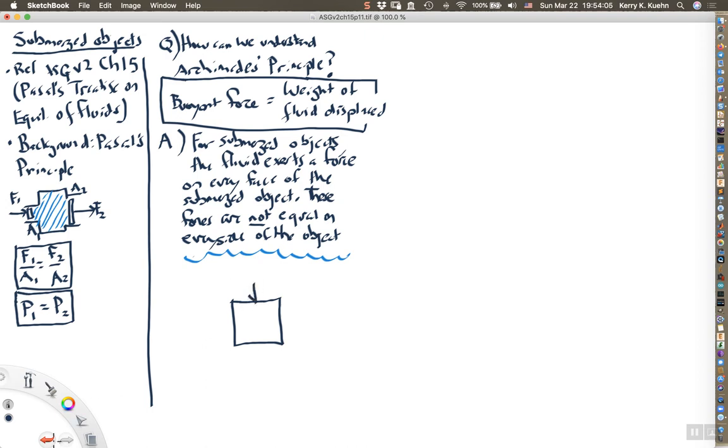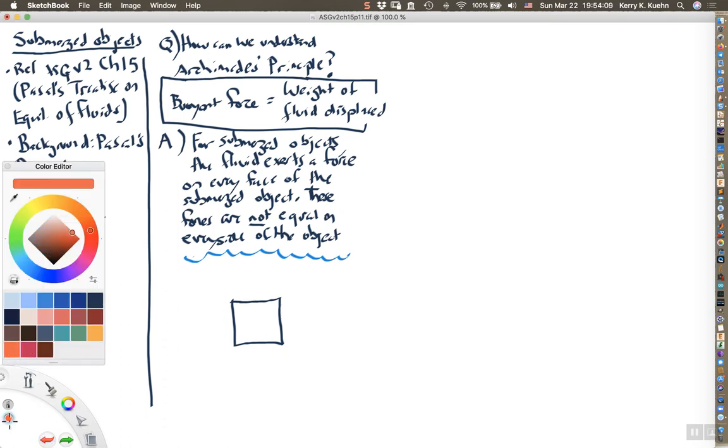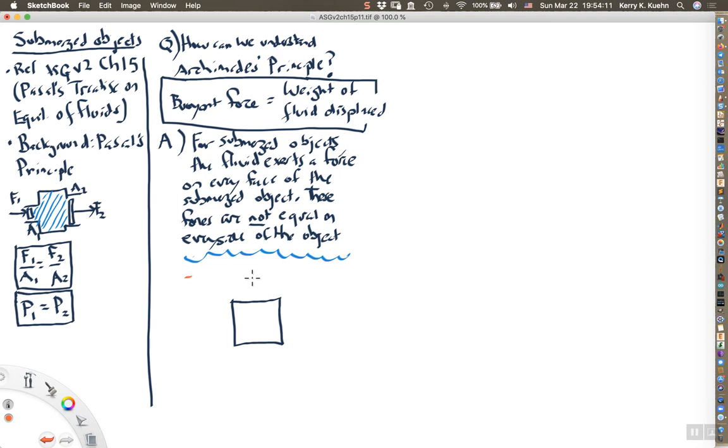Oh, let me do this a different color. So the water above this object is exerting a force downward. So that's the force acting on the top of this object. Moreover, the water on the side is exerting a force. So there's a force on the left side of the object. There's also a force acting on the right side of the object. And the fluid on the bottom is exerting a force on the bottom of the object.